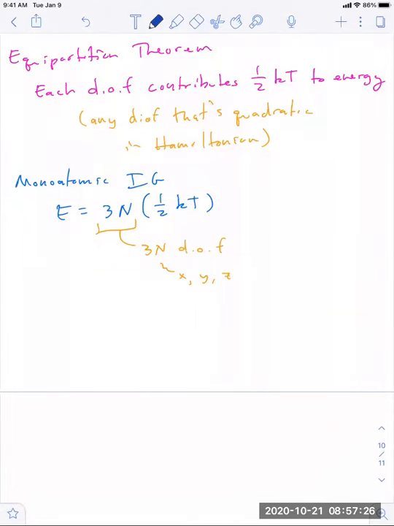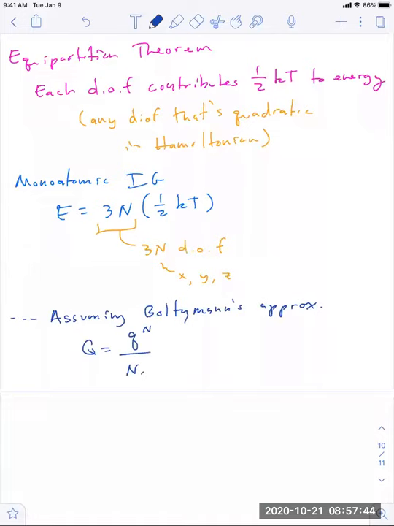So a while back, we got to this by assuming Boltzmann's approximation was valid. So it's generally good to remind ourselves what we mean by that, or when this is generally valid. This allowed us to say that we can correct for overcounting our indistinguishable particles by dividing by N factorial.